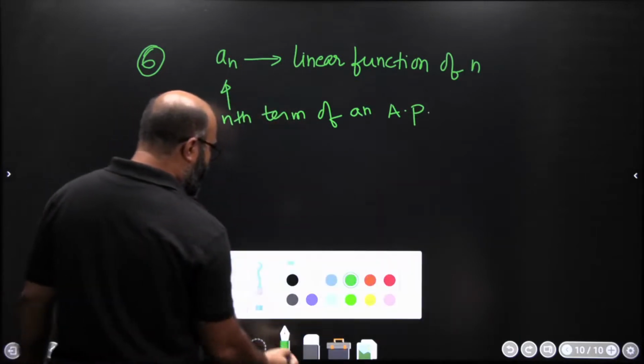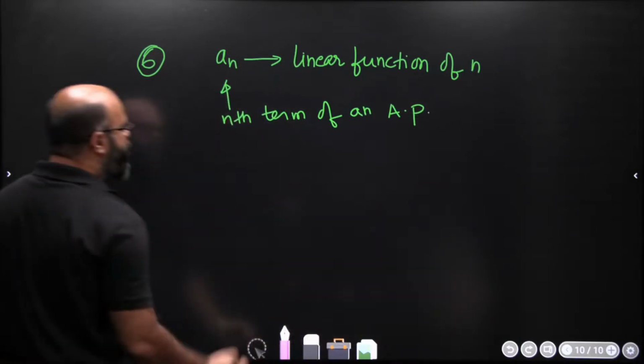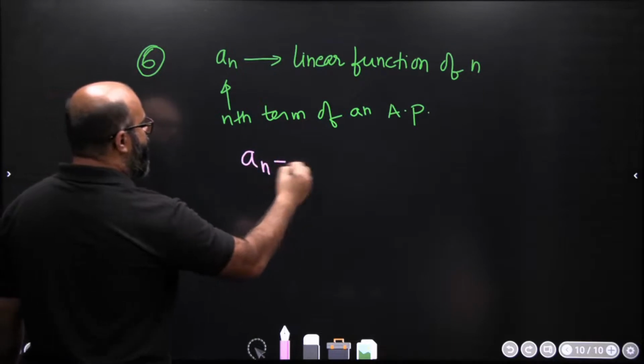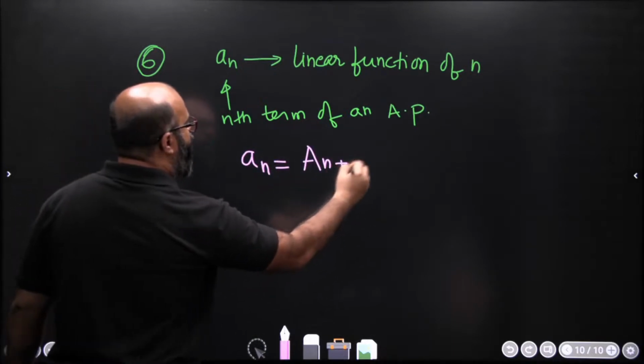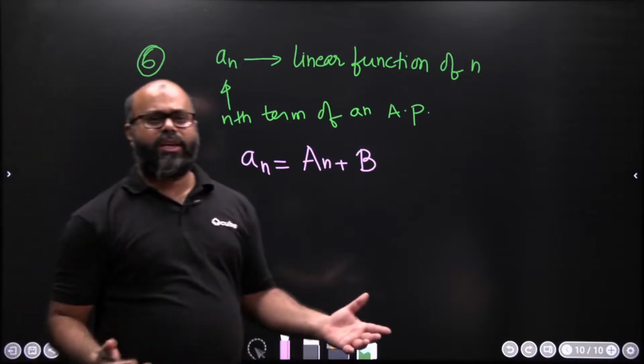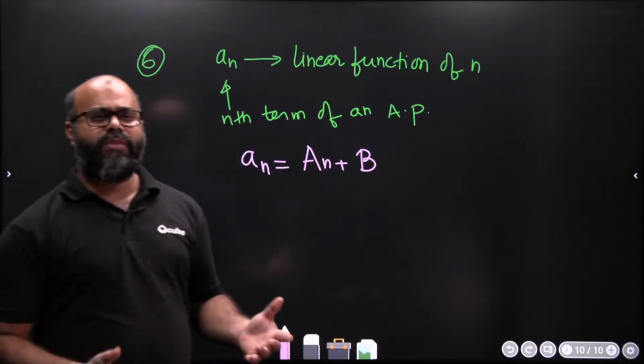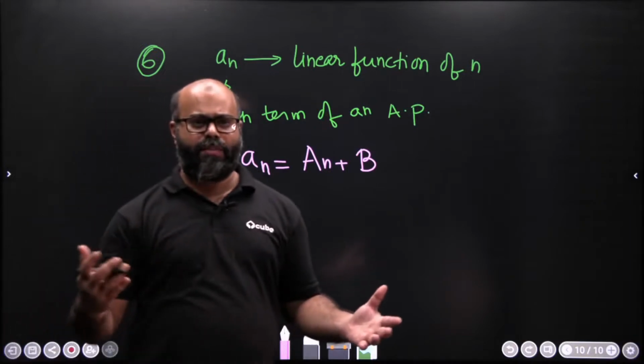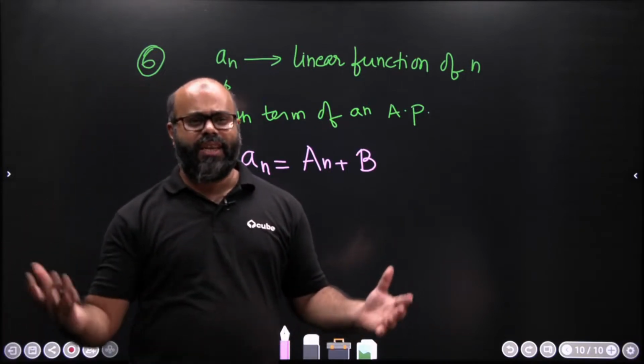So if we talk about a linear function of n, it simply means that nth term is an plus b form. This is linear. If it would have been quadratic, then it is an square plus bn plus c. If it is cubic, an cube plus bn square plus cn plus d. So this is a linear.